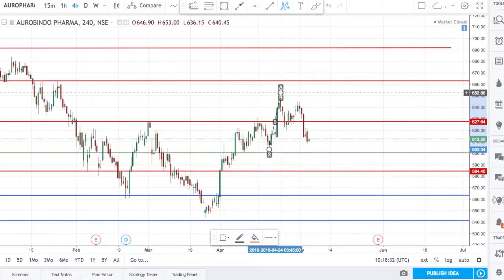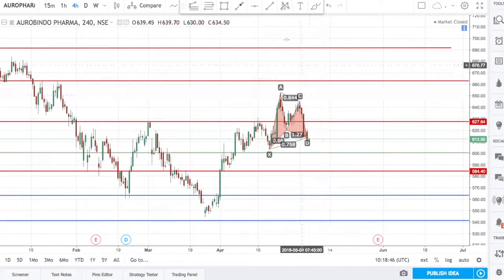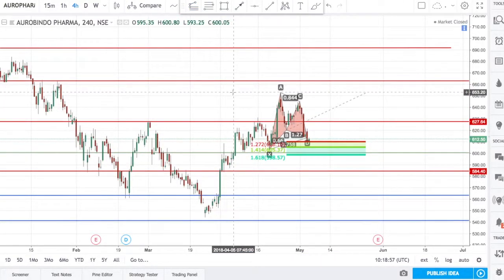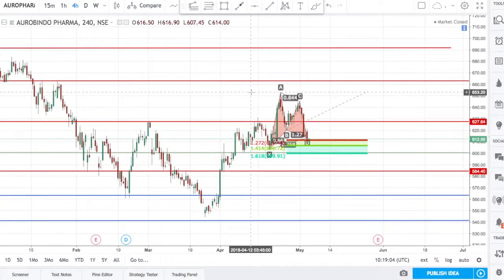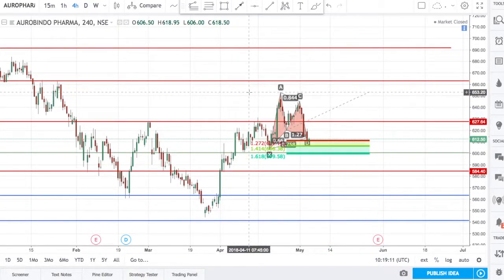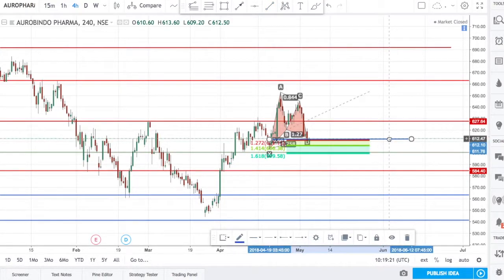Our X to A leg, A to B leg, B to C leg, and the CD completion at a 1.272 extension of A to B. So let's draw a line at the 1.272 extension.